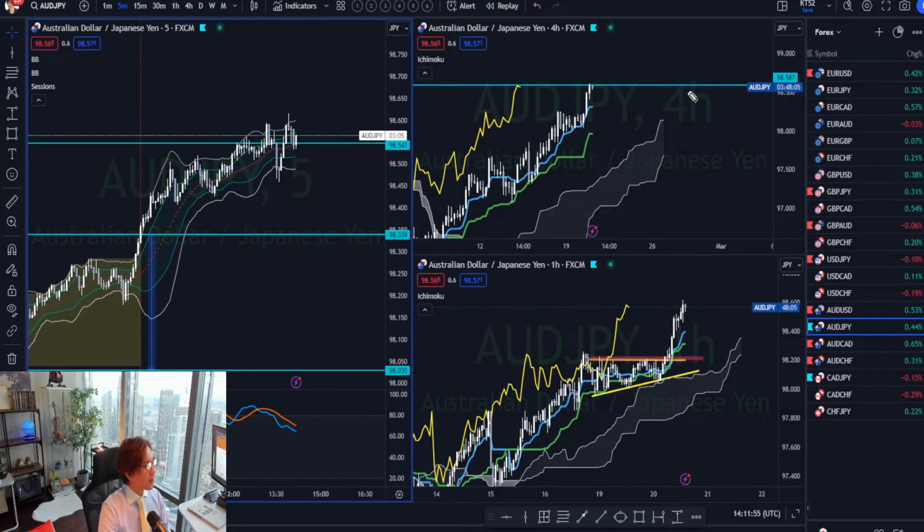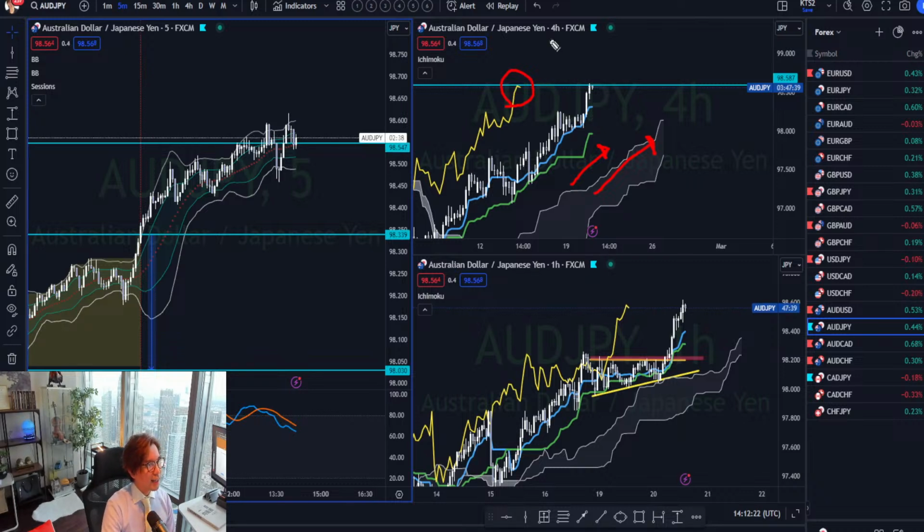So again, I'm a trend follower, so I enter trades whenever the market's trending based on Ichimoku like this. Again, Kumo should be bullish, Kijun Sen also should be bullish, Tenkan Sen should be above the Kijun Sen, and Chikou span above the candles. That's the definition of the trend.